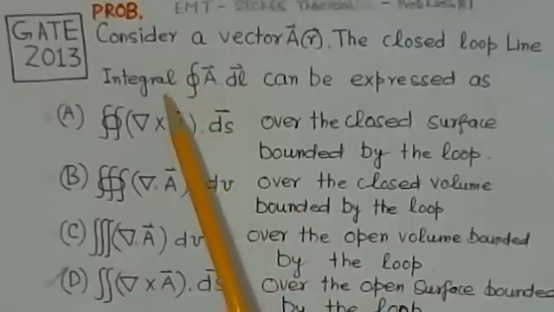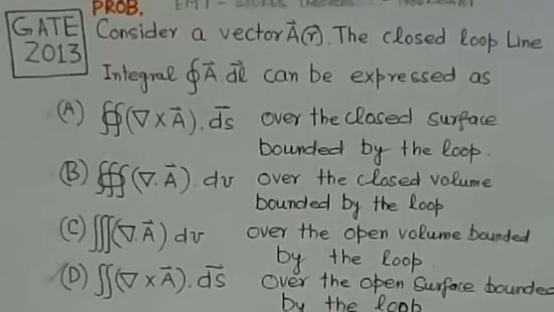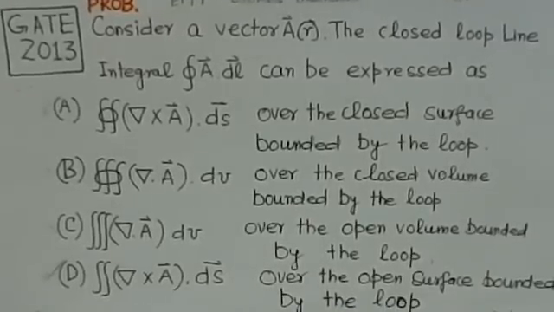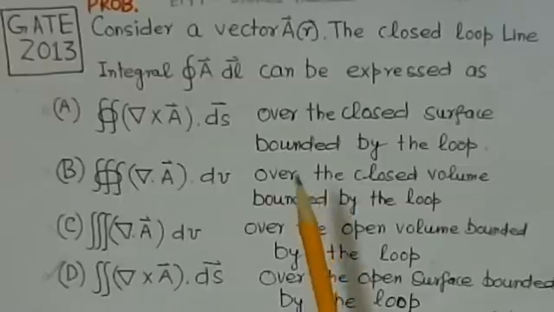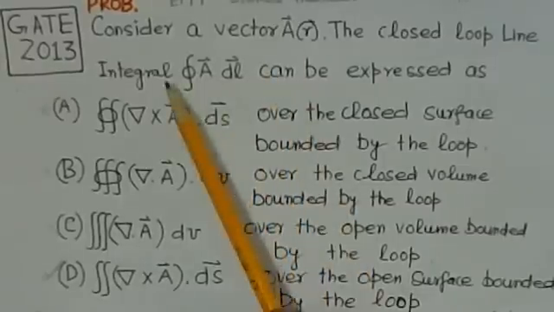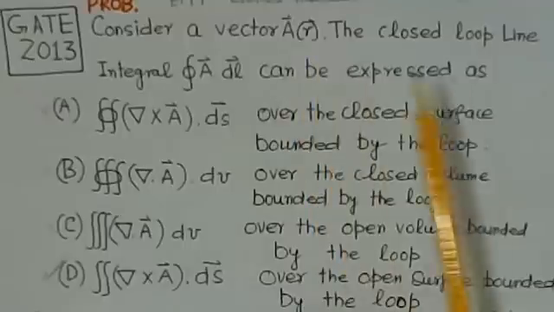So first let us go through the problems, and then we'll try to see the solution to these problems, and these solutions are quite similar for both the cases. Now the problem is, consider a vector A(r).